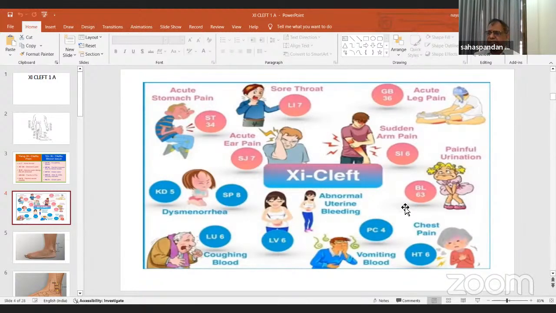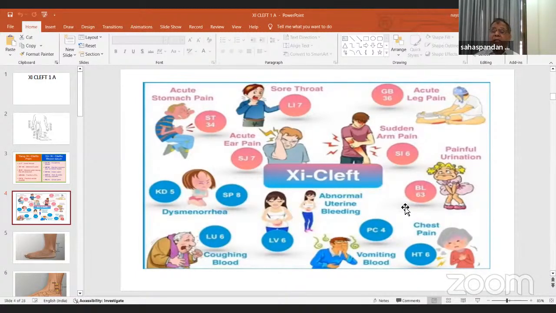If the right side hernia is there, apply this point on the left hand. This point is on the index finger toward the thumb side, on the middle phalange and lower phalange. You can Google this point, and Google will give you the exact location. Bladder 63 is for painful hernia like disorder and acute cystitis, so inflammation in the bladder.